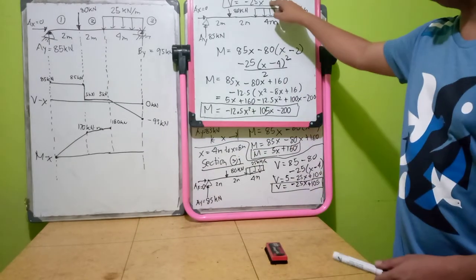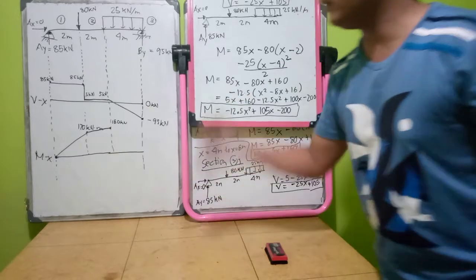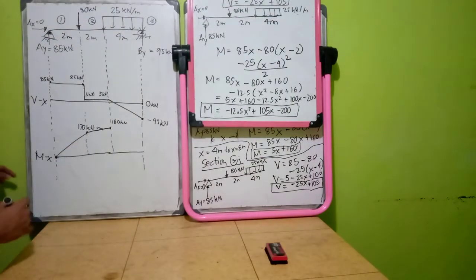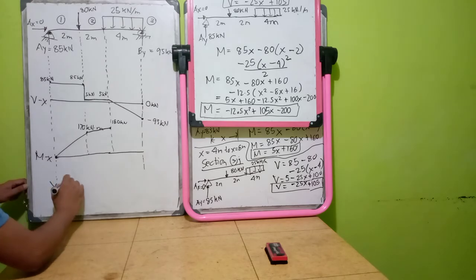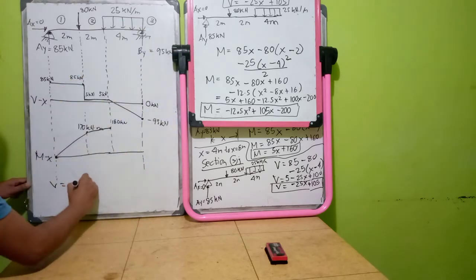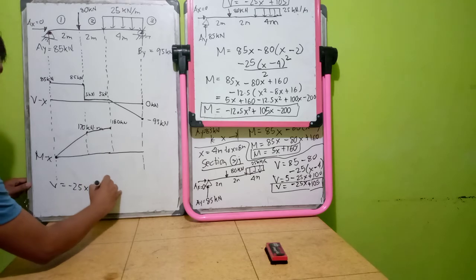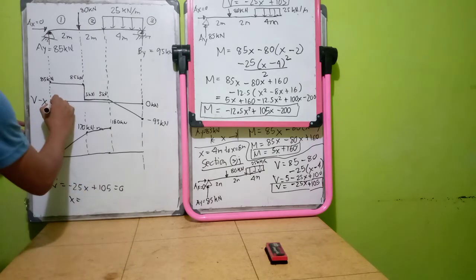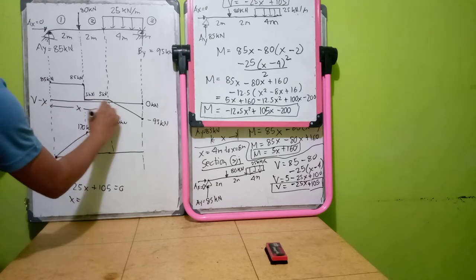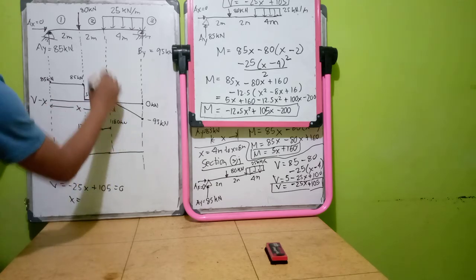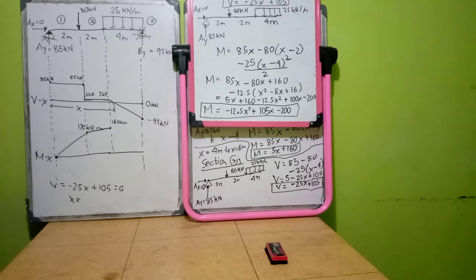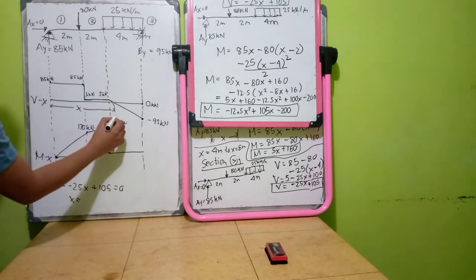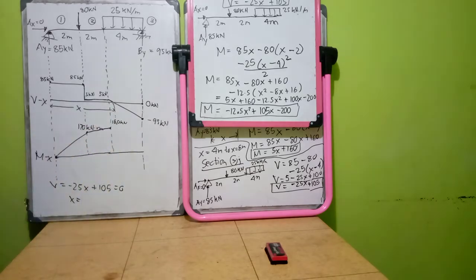So we can equate that in order to locate this point from your left support. So let's solve here. We have V equal to negative 25x plus 105, and then we equate that to 0, so we can know the value of your x in which your V is equal to 0. And then we use that in order to note your maximum moment.